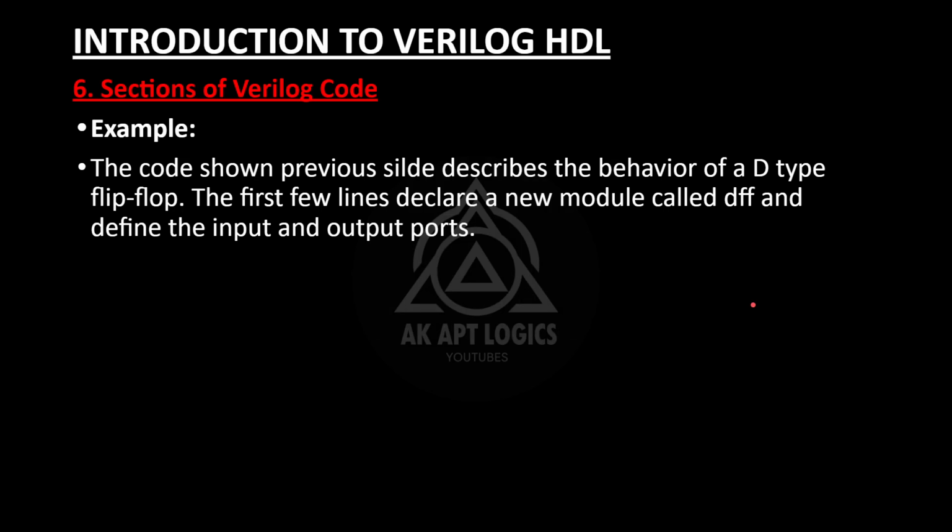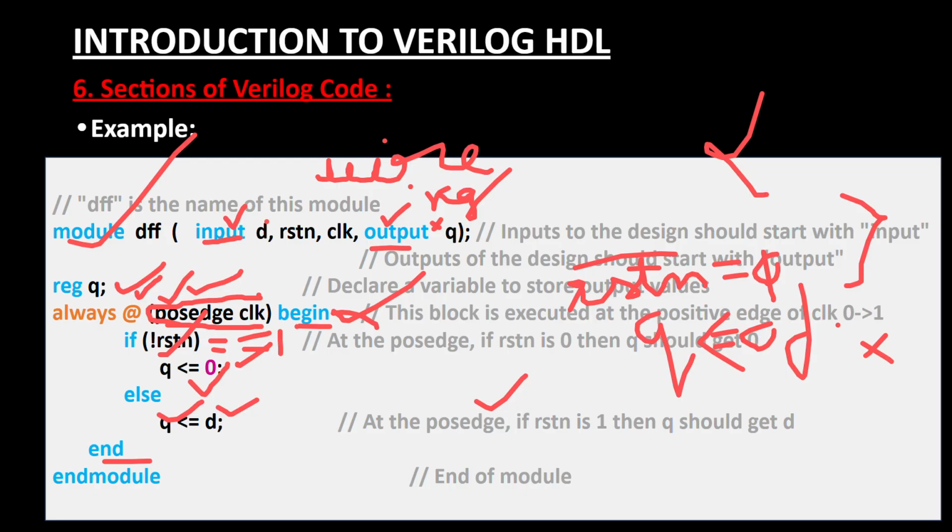Here we didn't instantiate any other module. We just described the behavior using the behavioral model and wrote our code, right? We didn't instantiate any gates and all this stuff.